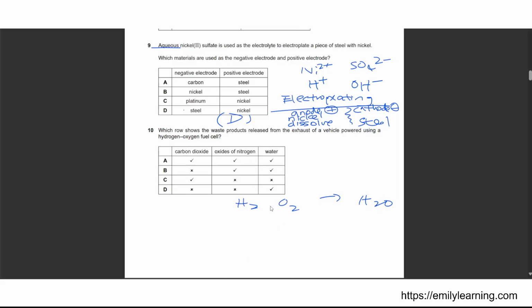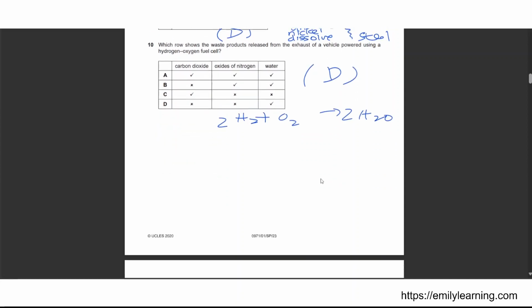You're not burning any hydrocarbons, so therefore you do not have carbon dioxide or oxides of nitrogen being formed. You only have water as the only product. So therefore it is D. The answer is D, because water is the only product from the hydrogen-oxygen fuel cell.